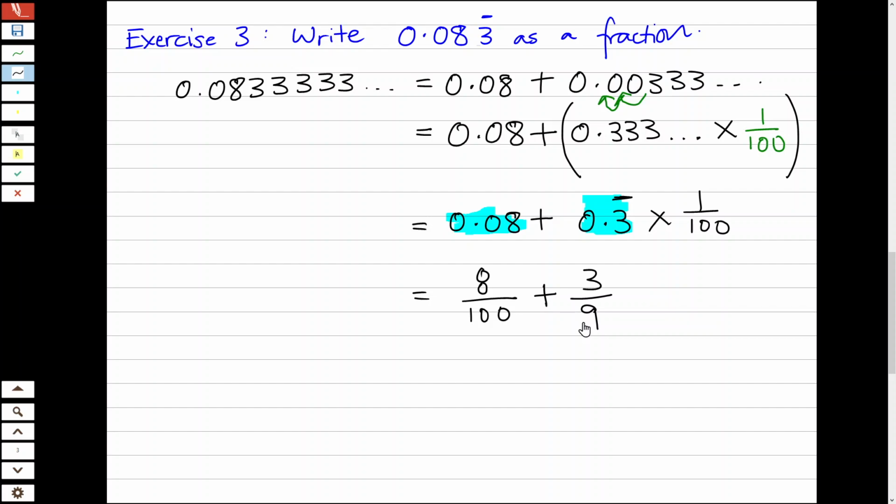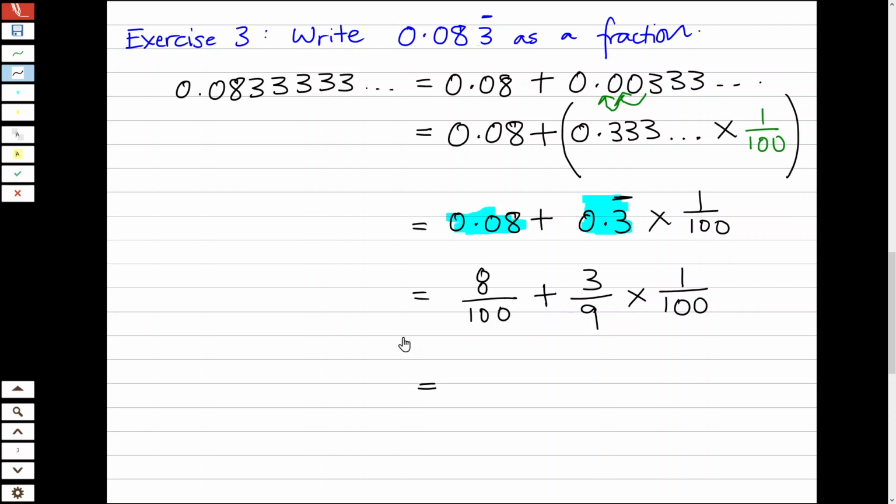The first example and the first exercise was meant to show you that. If you have 2 digits recurring, it's 99. If you have 3, it's 999. 4, it's 9,900. Now we just need to simplify this expression to get a single fraction, and we're done.